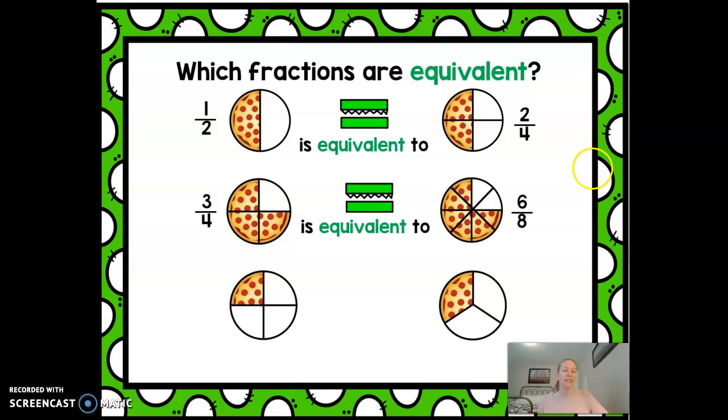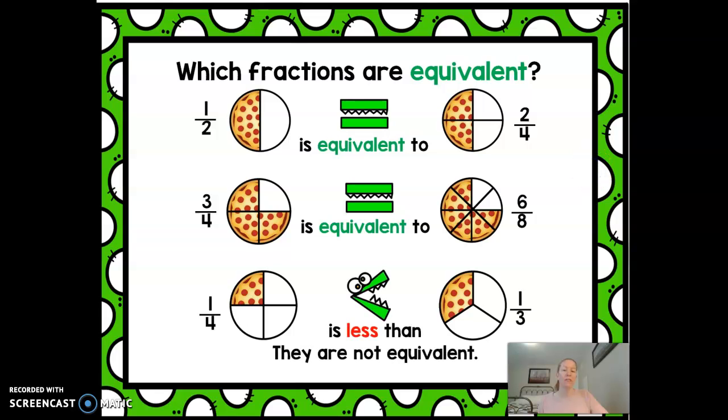Look at the last one. 1/4 is less than. They are not equivalent. So that's why we've got our alligator out again, because he is eating the bigger piece. The bigger piece is 1/3.